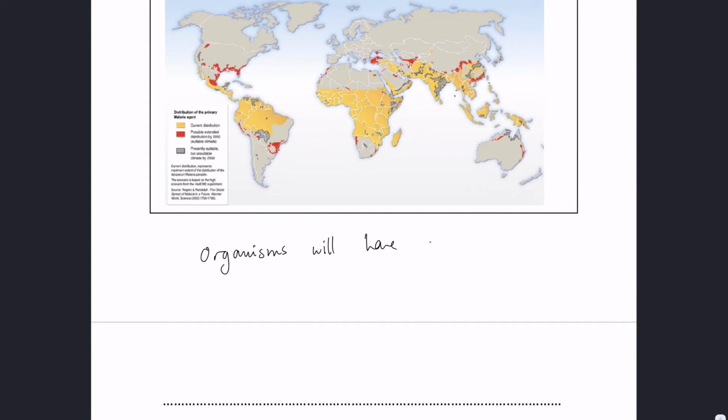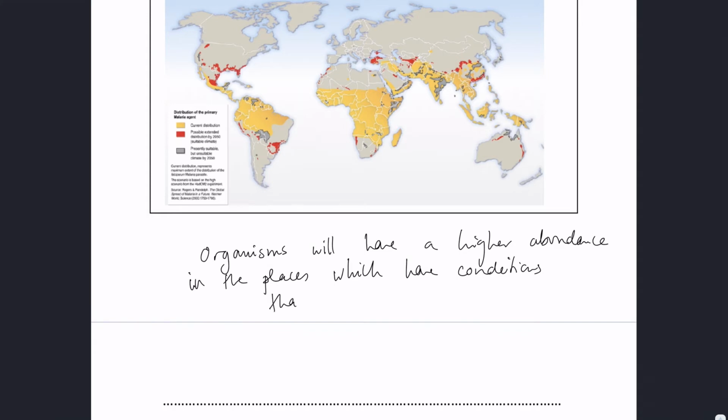Organisms, or populations, will have a higher abundance in the places which have conditions, and we're talking about the biotic and abiotic factors here, which have the conditions that their adaptations allow them to survive.